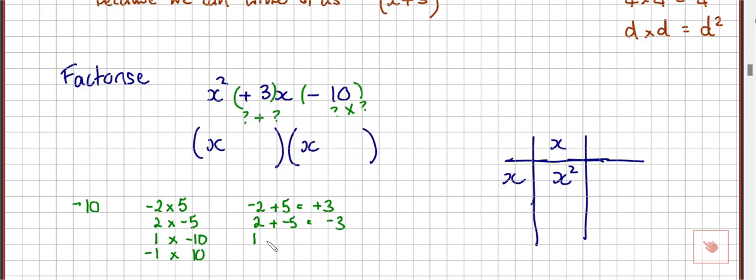If I do 1 plus negative 10, if I do negative 1 plus positive 10. So we want two numbers that multiply to make negative 10, that's all of those. But only one of those options gives me adding to make positive 3.